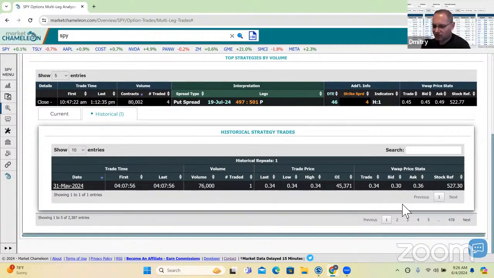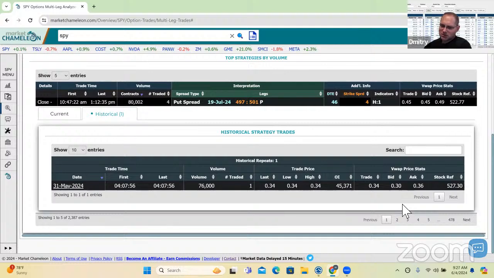Now, if we use the midpoint as the fair value, which is 33 cents, and it traded at 34 cents, closer to the dealers, somebody came in, looks like maybe purchased this from the dealers, and I'm eyeballing it here.